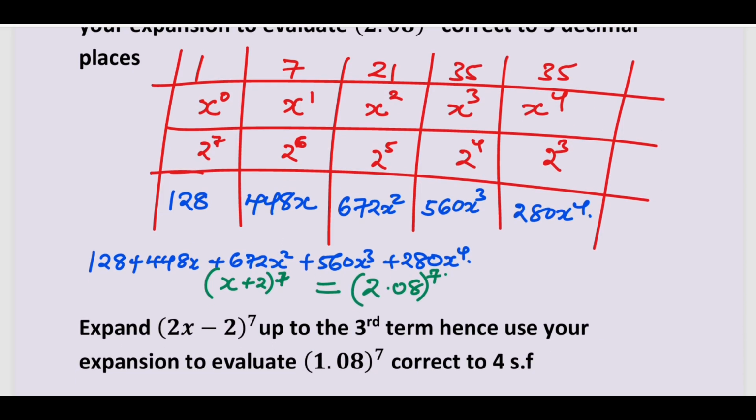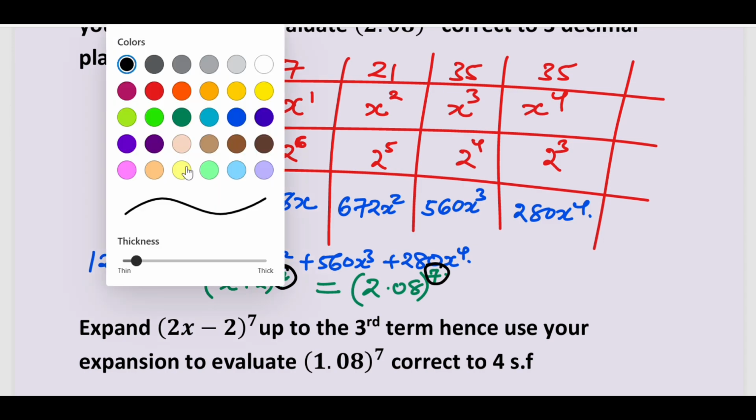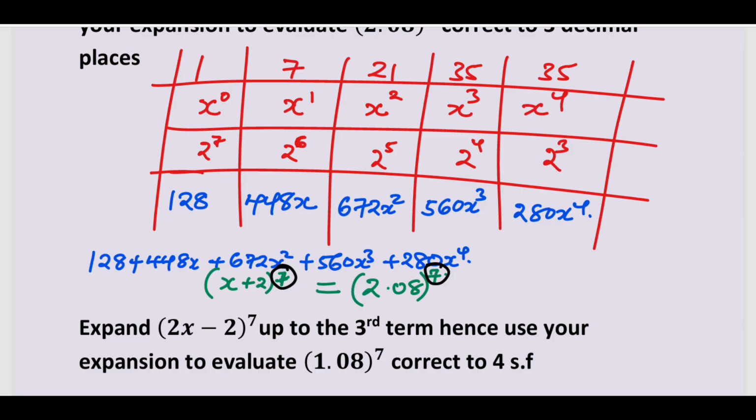Then what do you do at this point? Now the powers are the same. We're talking about power 7, so we drop the powers and then we equate the brackets. So x + 2 is equal to 2.08.